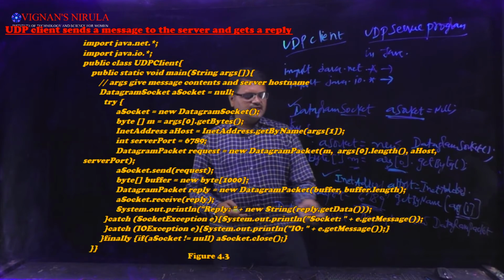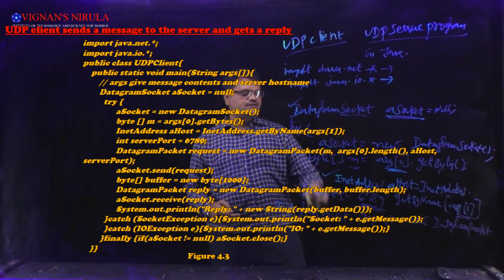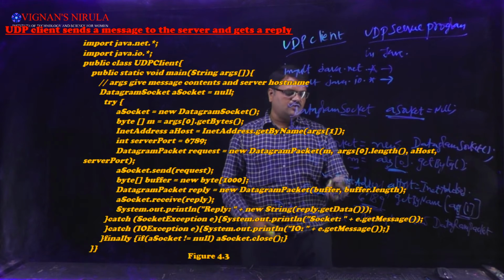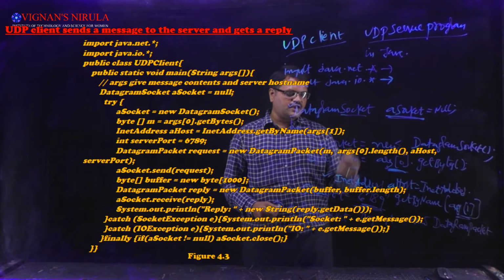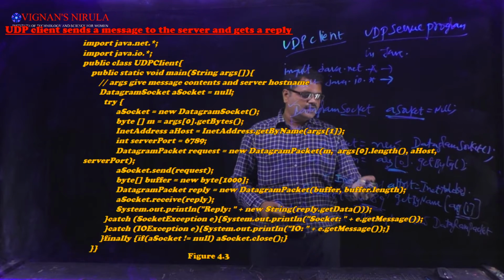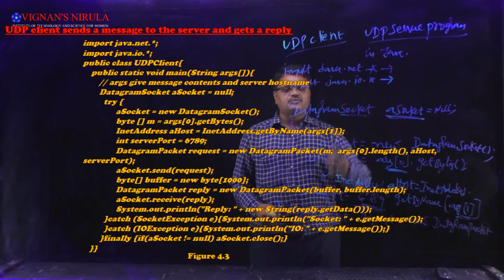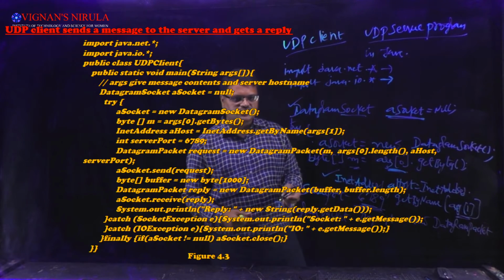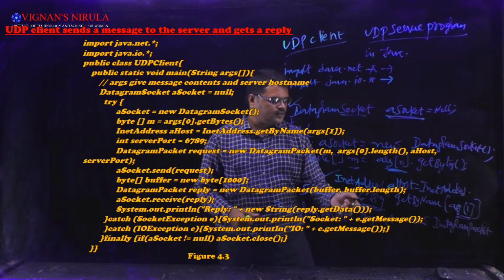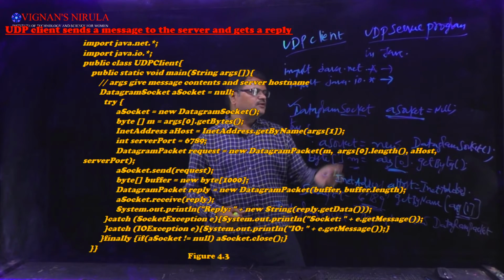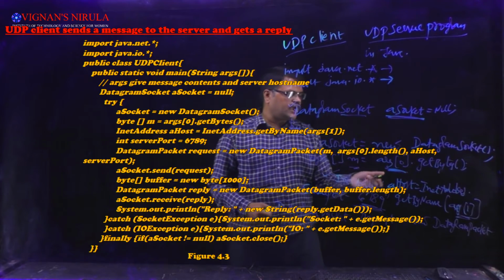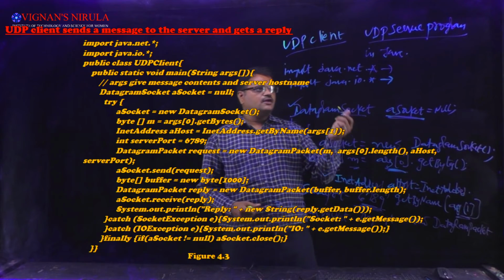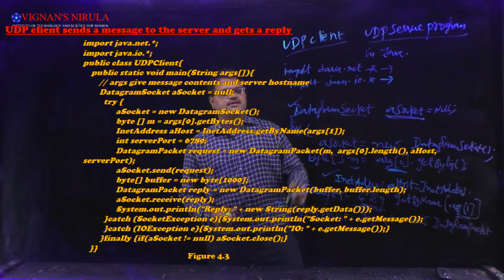Okay, so these are the classes available in java.net: DatagramPacket, DatagramSocket, and InetAddress. So these are available in java.net.*. And getBytes, getByName are the functions available in the net package.